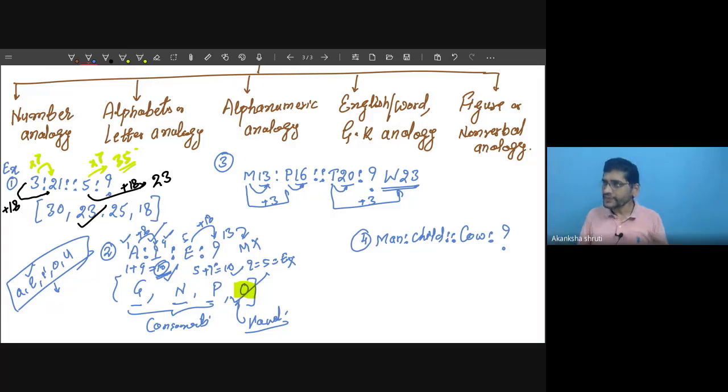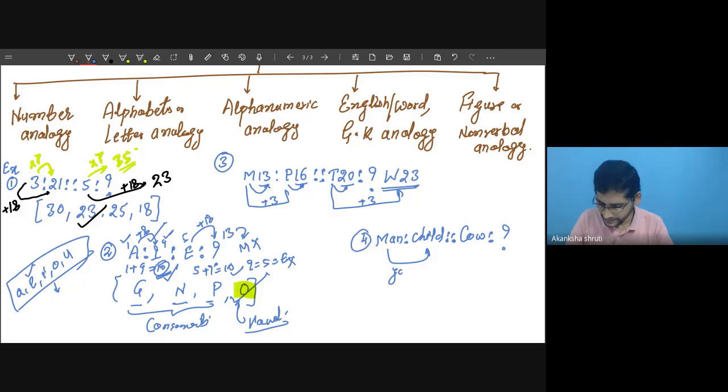But by observing the options, you can reject. So the method of rejection can be applied in general knowledge or analogy based questions, or simply English based analogy. So here we are getting that the man's younger one is the child.